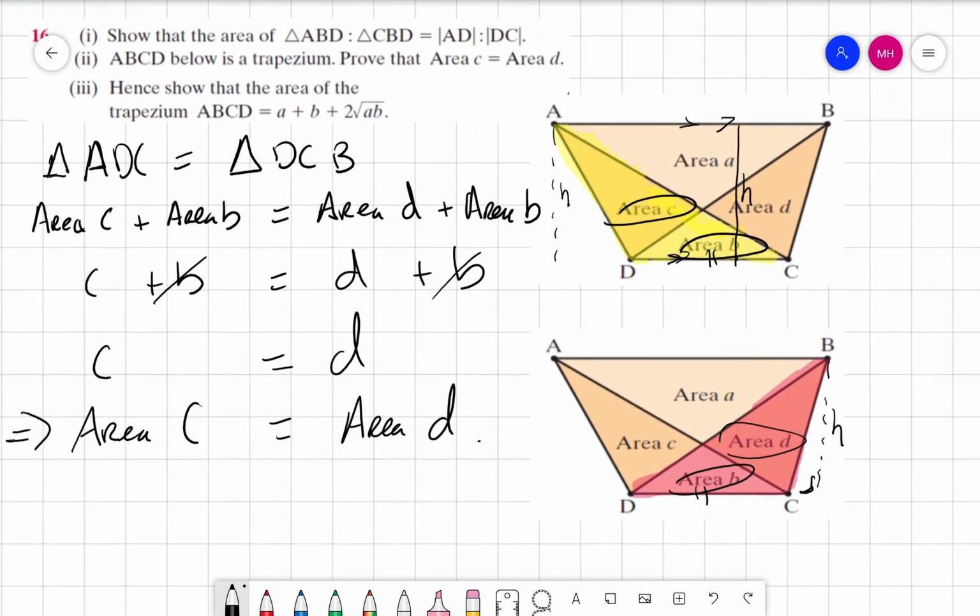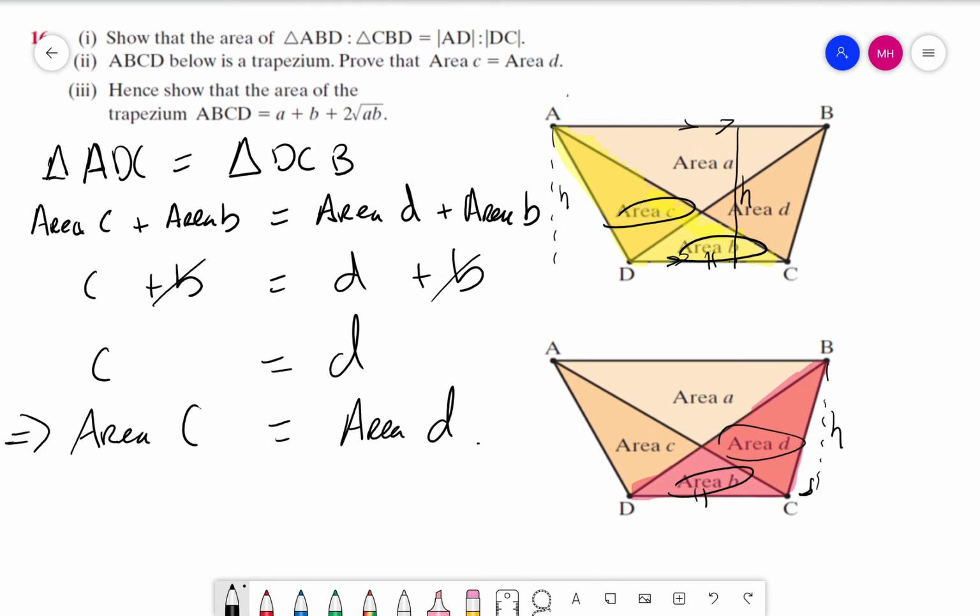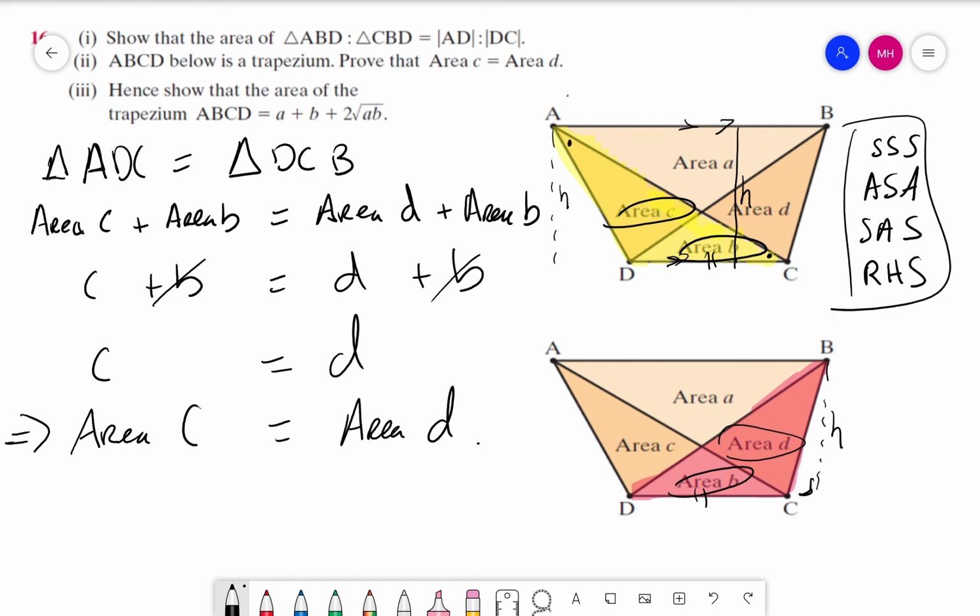There are other ways to go about showing that those two triangles are identical. If you want to show congruency, you've got your SSS, ASA, side angle side, or HS, and you could have gone about trying to show that these triangles were identical another way, but the quickest way of doing this question by far is this approach here.